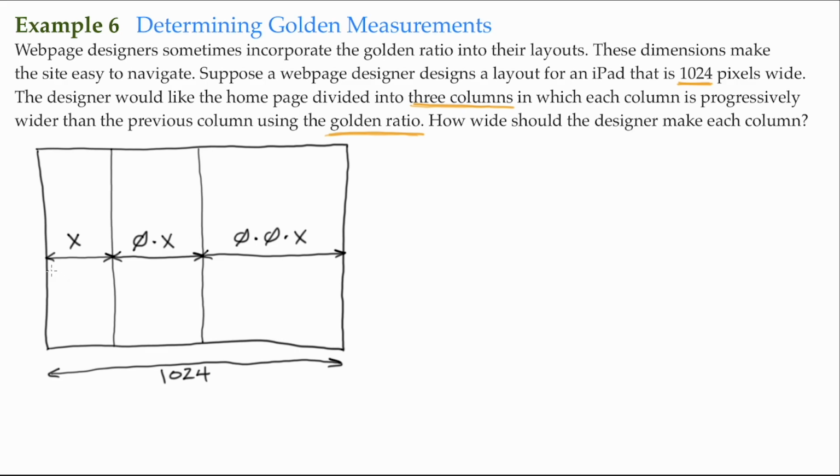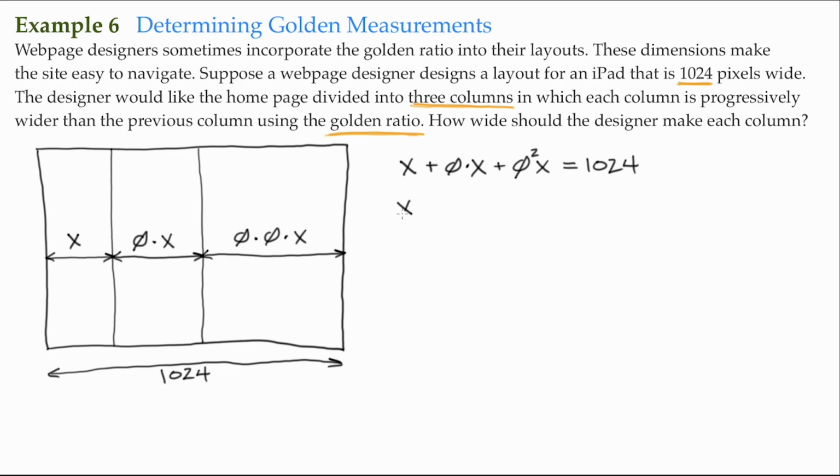If I add up this column, this column, and this column, it should come out to be 1024. So we have X plus phi times X plus phi squared X, and that should equal 1024.